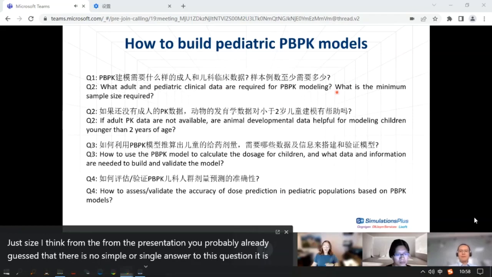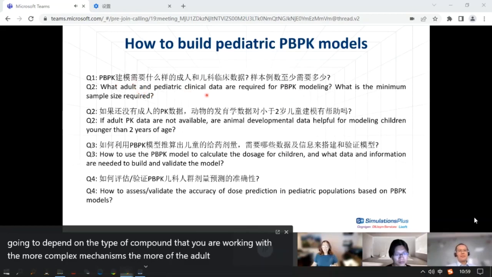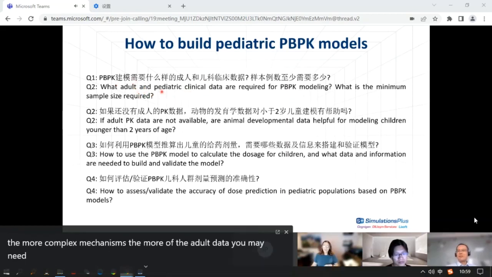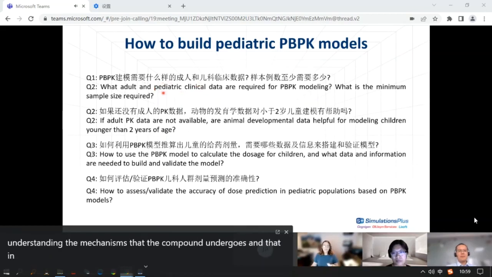It is all going to depend on the type of compound that you are working with. The more complex the mechanisms, the more of the adult data you may need in order to be able to validate the model. Make sure that you are understanding the mechanisms that the compound undergoes, and that increases your confidence in doing the pediatric predictions.